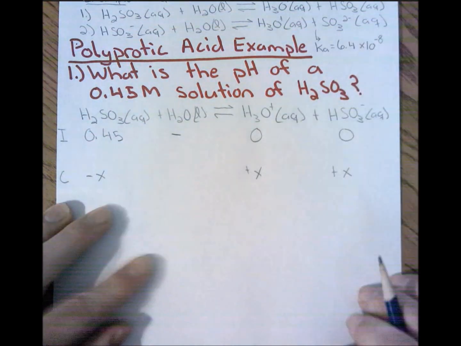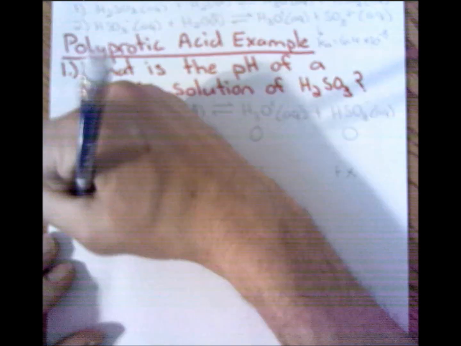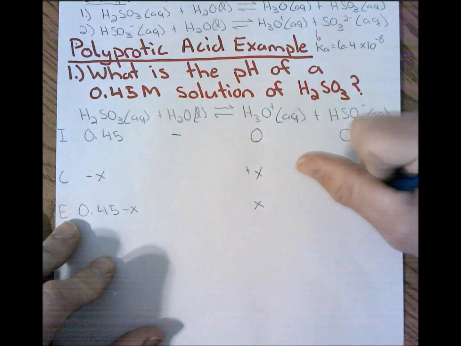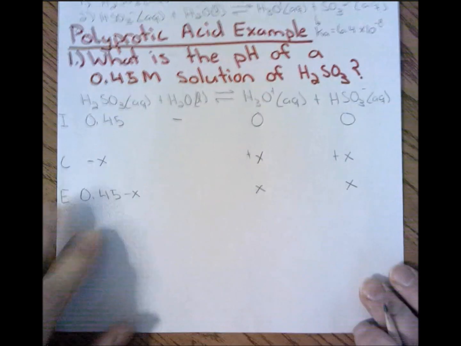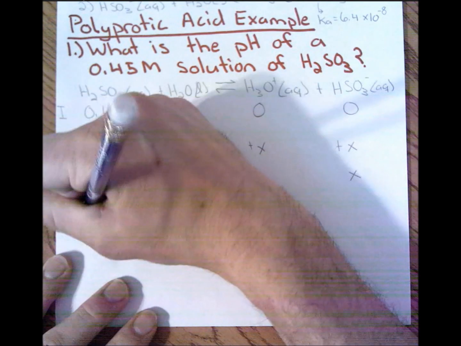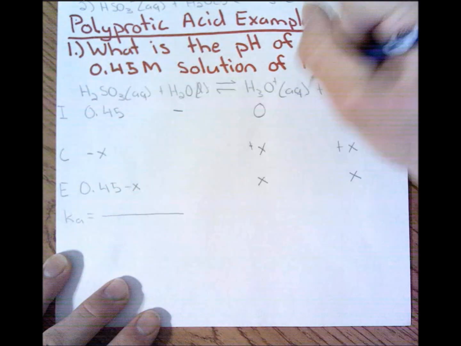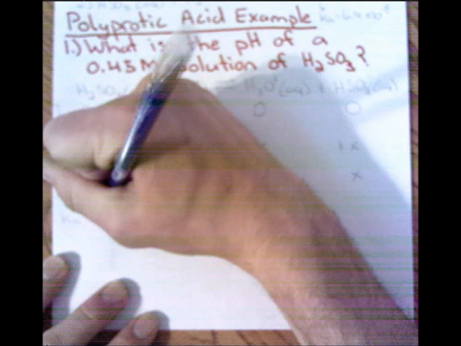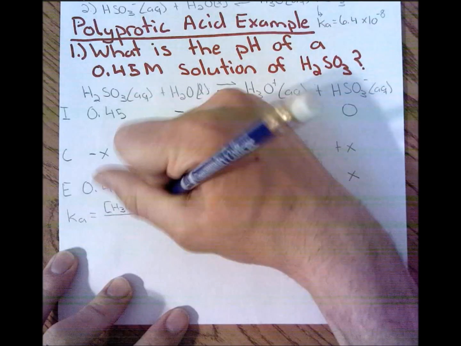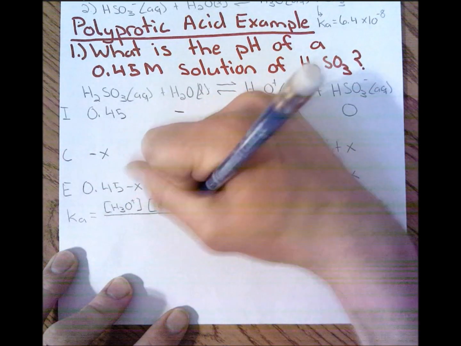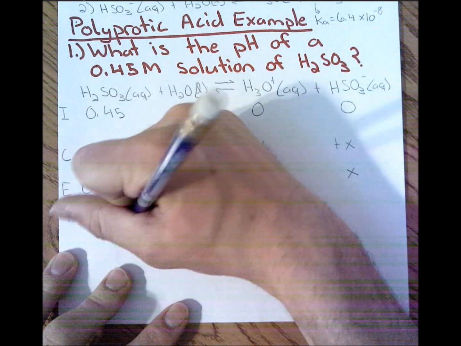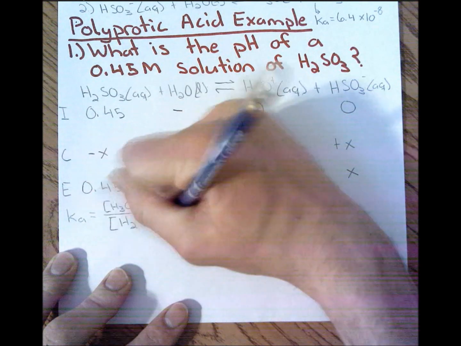Now, our Ka, I always like to put our generic example here. Ka is going to equal, in this case, our concentration of H3O plus times our HSO3 1 minus, all divided by our equilibrium concentration of H2SO3. Now, what I'm going to do out to the right here is this. Our Ka, remember from our first example, which can be looked up in your book, is 1.7 times 10 to the negative second.